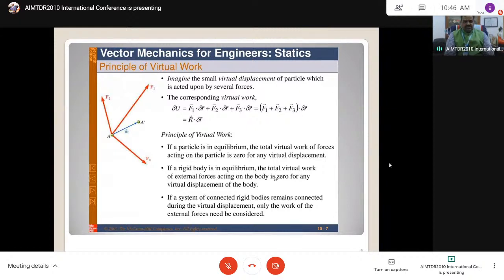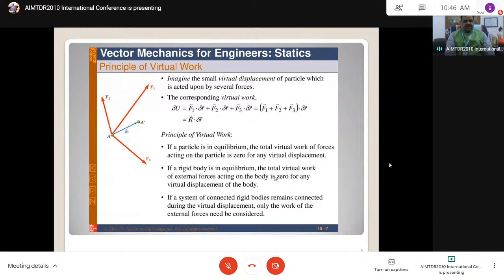Only the work of the external forces needs to be considered. That means, in engineering mechanics problems, we will consider the total work of forces acting on a particle, the total work of external forces acting on a rigid body, and the total work of forces acting on a system. We have to find out the work.